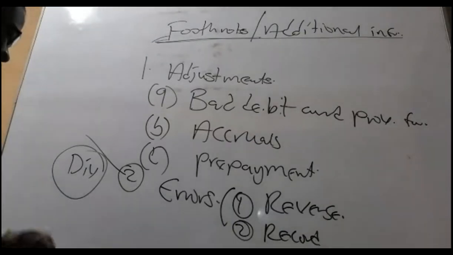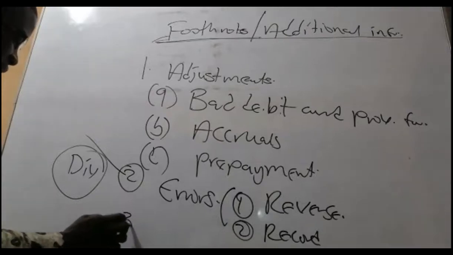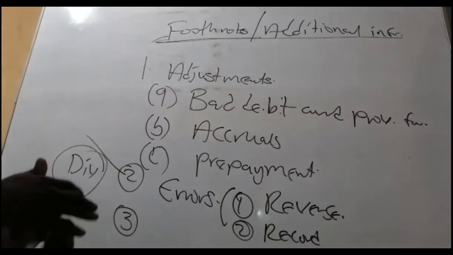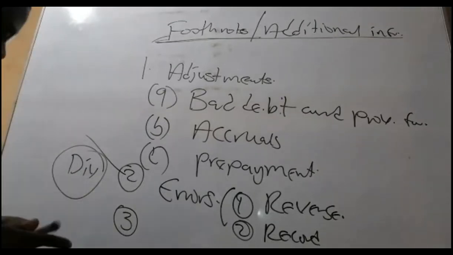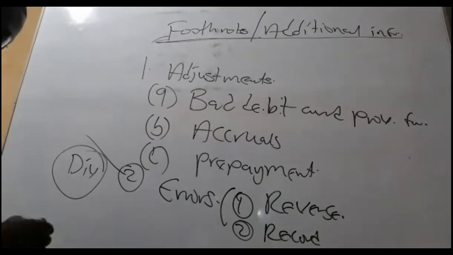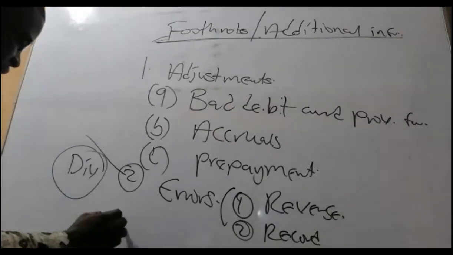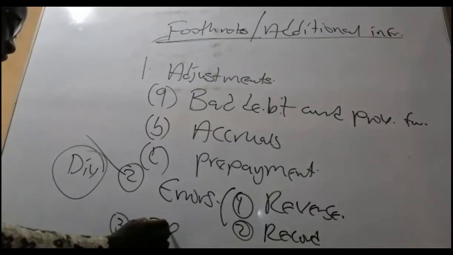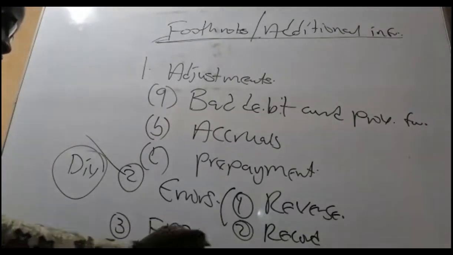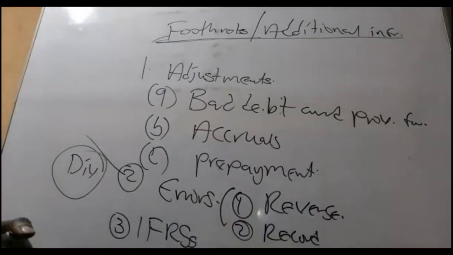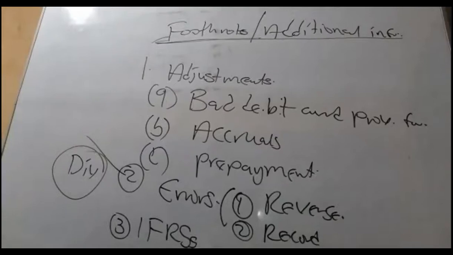And then the troublesome guy. The troublesome guy is the third one. I've grouped all the footnotes into 3. The troublesome guy, that most of us don't like. But don't worry, you'll like it. The IFRS, the International Financial Reporting Standards.